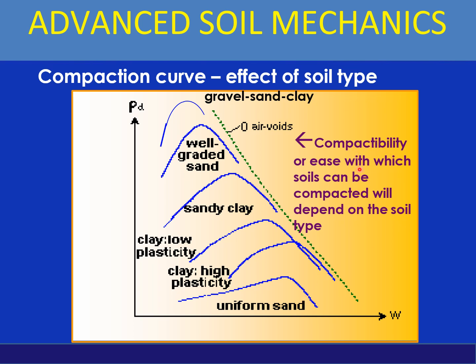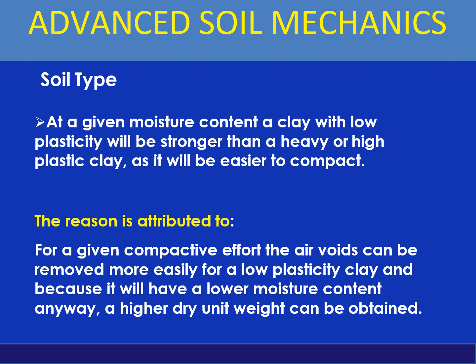So compactability, or the ease with which soil can be compacted, will depend on the soil type, basically. At a given moisture content, a clay with low plasticity will be stronger than a heavy or high plastic clay, as it will be easier to compact.